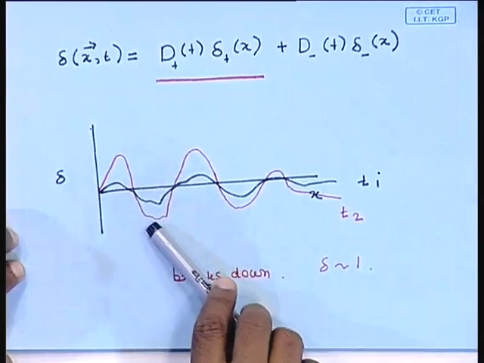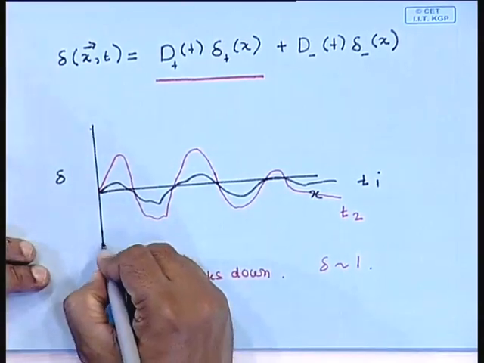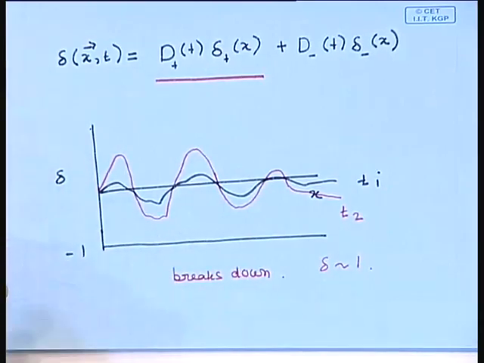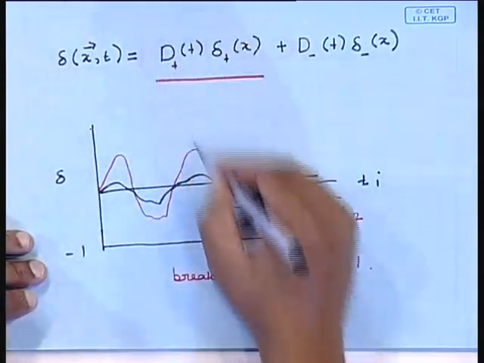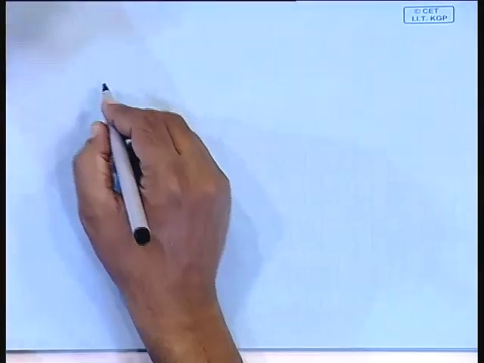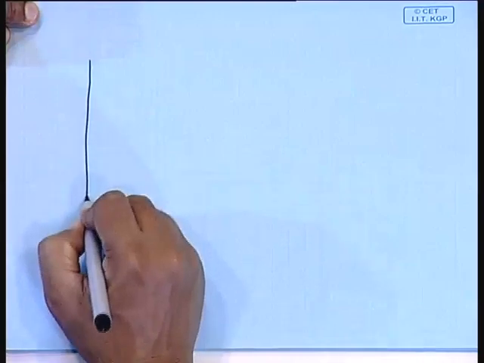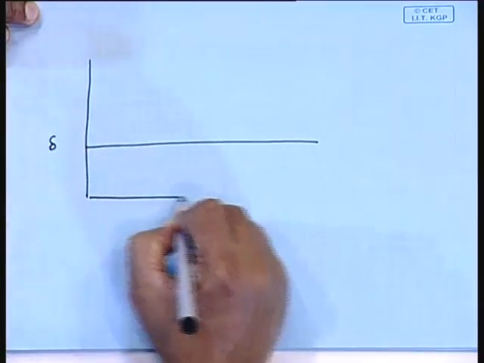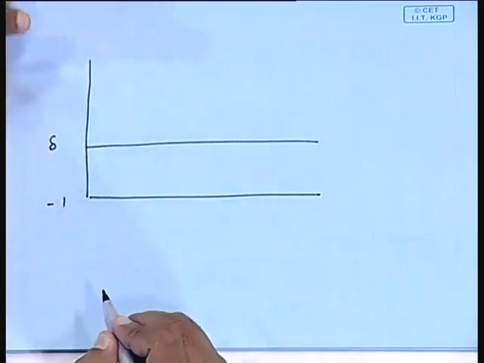On the negative side, this cannot cross -1. But on the positive side, it can be arbitrarily large. So, at late times, let me just roughly sketch for you what this will look like. So, this is my density contrast, this is the value -1.